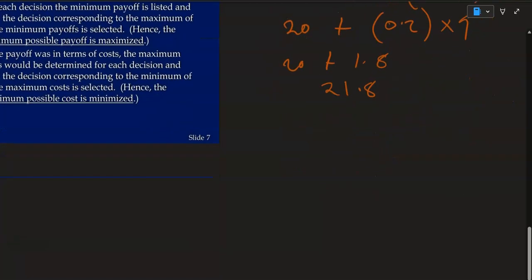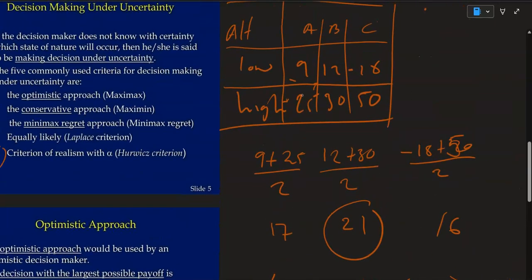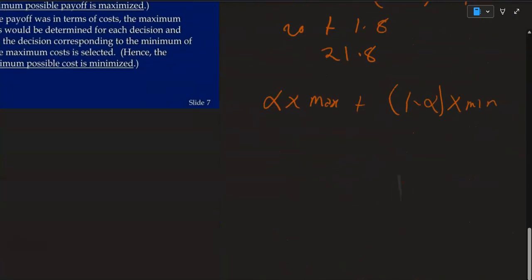What about investment B? We bring down our formula: alpha multiplied by maximum plus 1 minus alpha multiplied by minimum. For investment B, the values we have are 12 and 30.